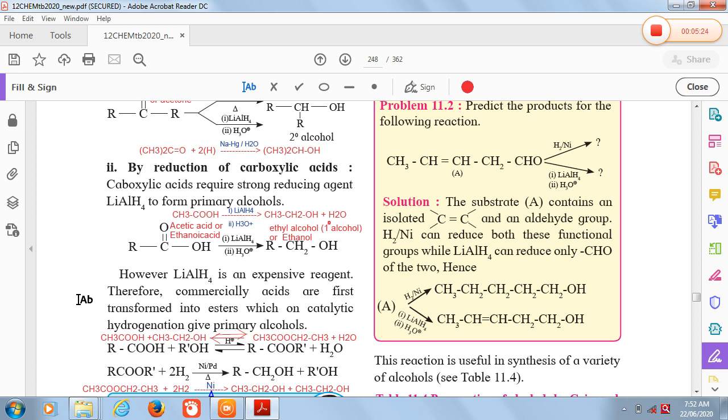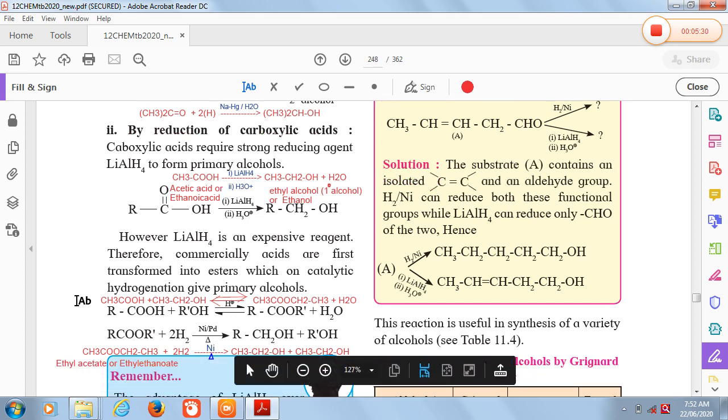So what is the functional group of ester? Dash C double bond O dash O dash. So here the reaction is given: acetic acid reacts with ethyl alcohol in presence of H+.